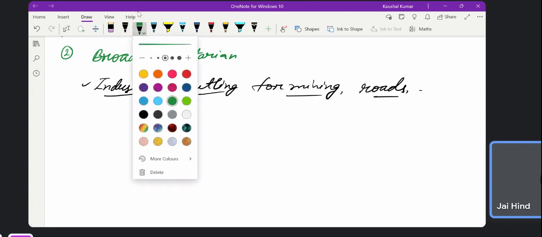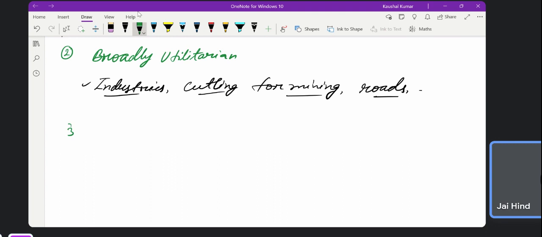And the other use of the biodiversity is the ethical and cultural uses. So what will be the ethical uses? In India we pray to the peepal tree, Tulsi, Ocimum, the scientific name of Tulsi is Ocimum, and the banyan tree, and neem tree.